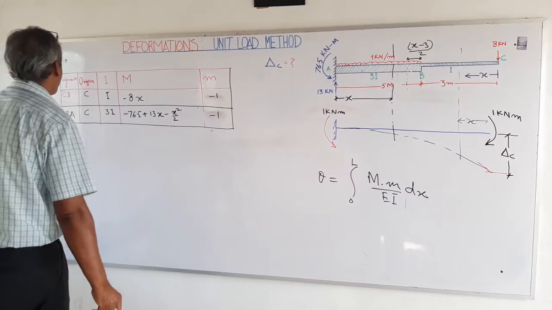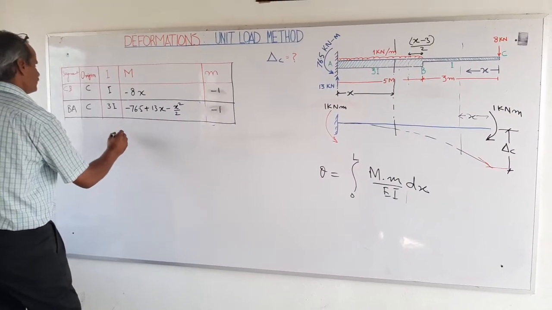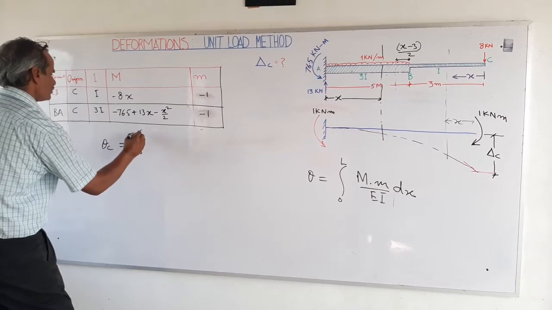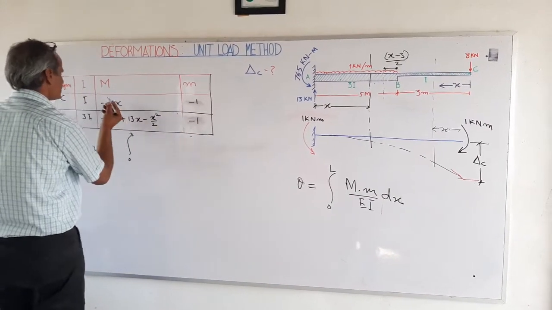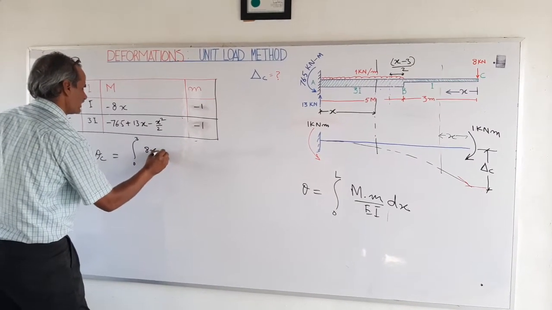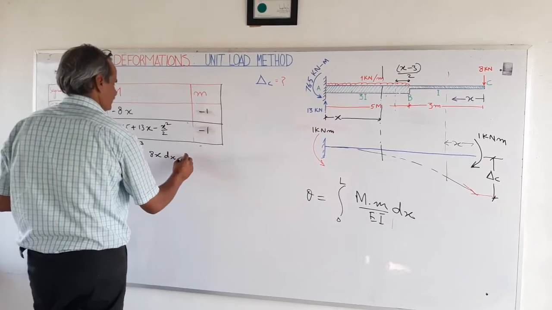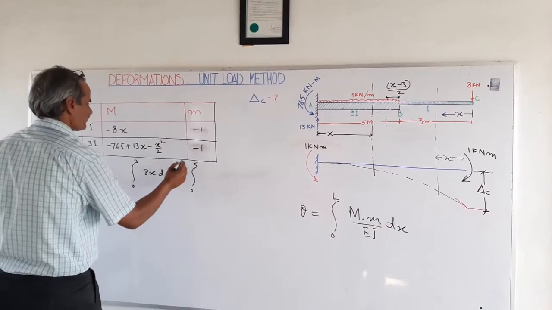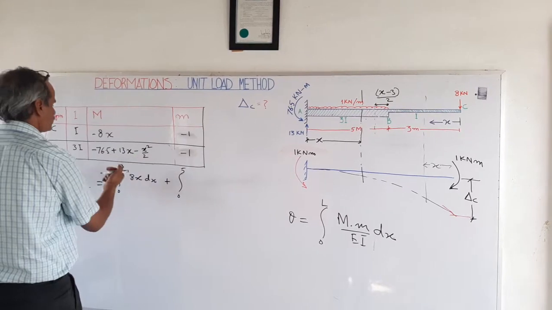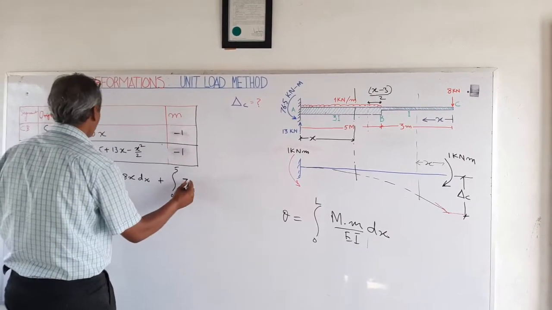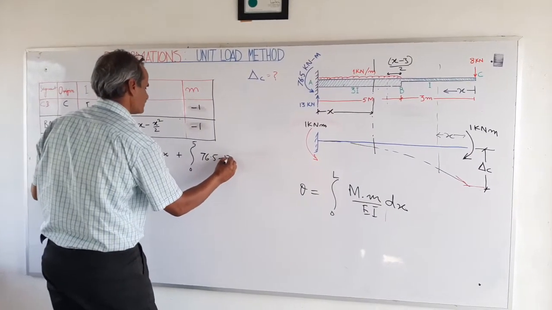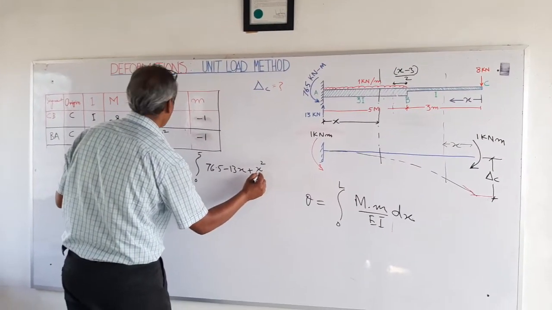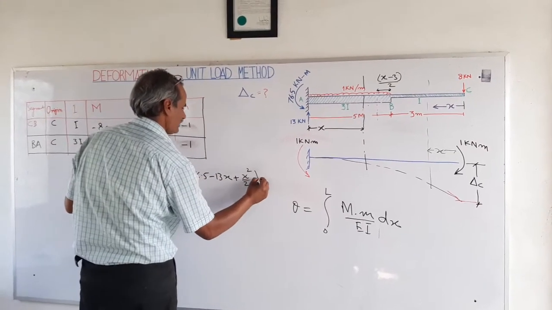While writing this equation and applying the limits, we get that rotation at C is equal to 0 to 3, this minus 1 multiplied by minus 8 will be simply 8x into dx, and plus 0 to 5 for the portion AB, and the signs of all these values will change while multiplying with minus 1, that is 76.5 minus 13x plus x square by 2 into dx.